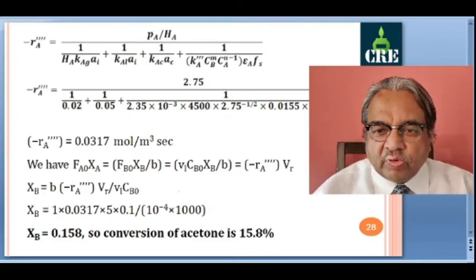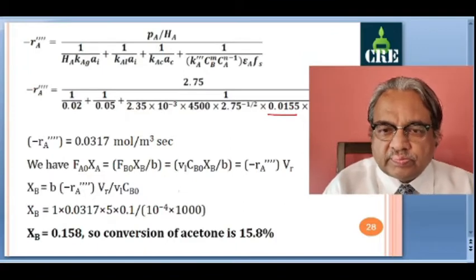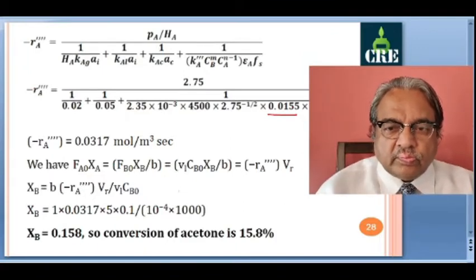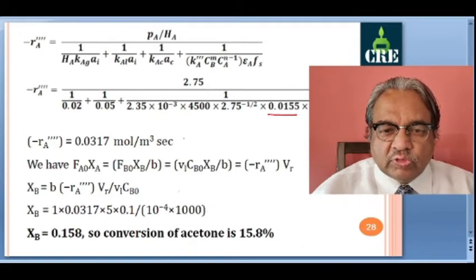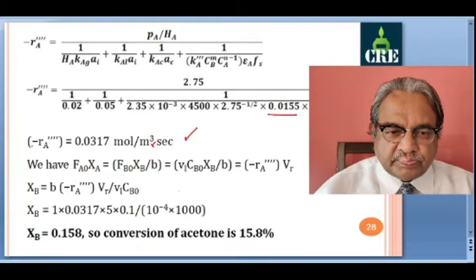Epsilon A we have found out as 0.0155 and Fs is given as 0.6. So minus Ra comes out to be 0.0317 moles per meter cube per second, and this is per meter cube of the reactor.